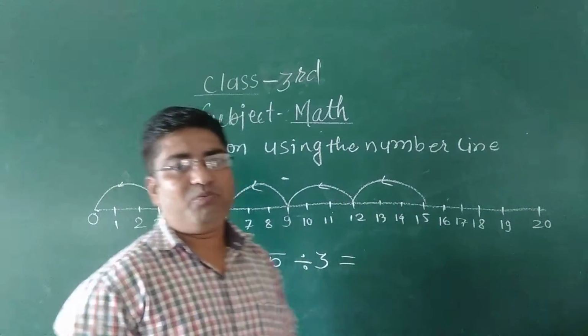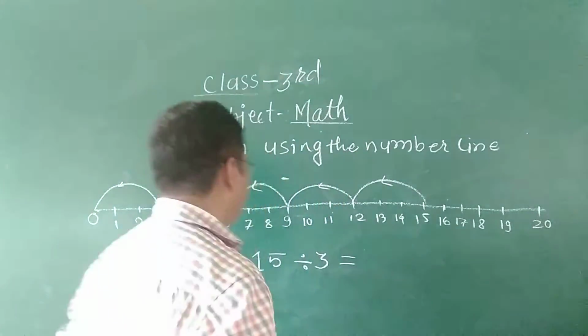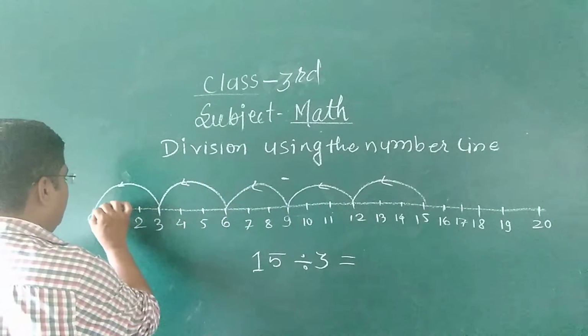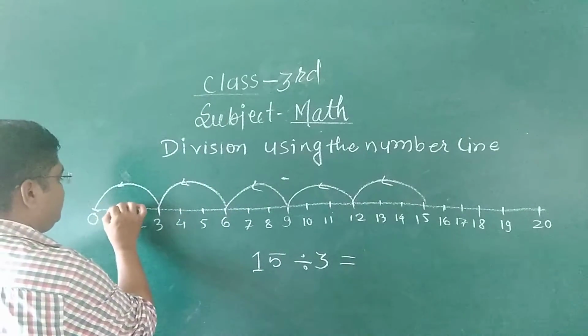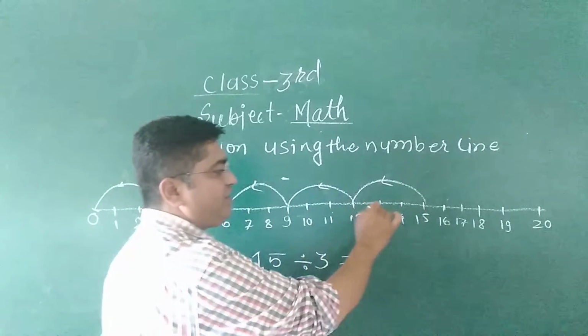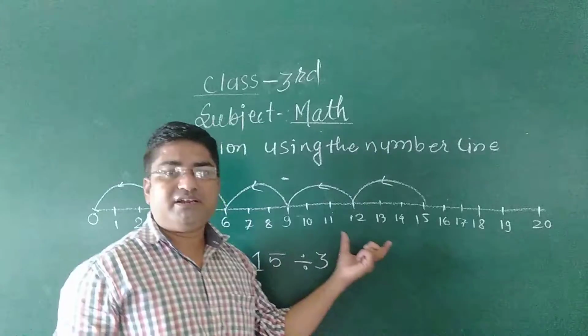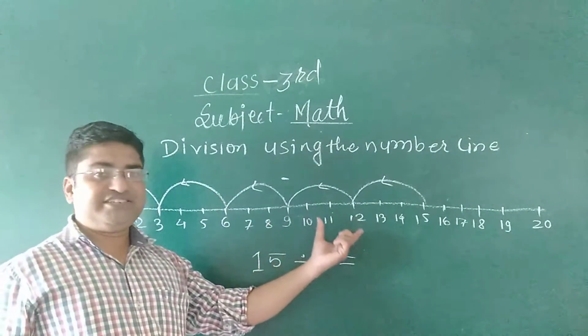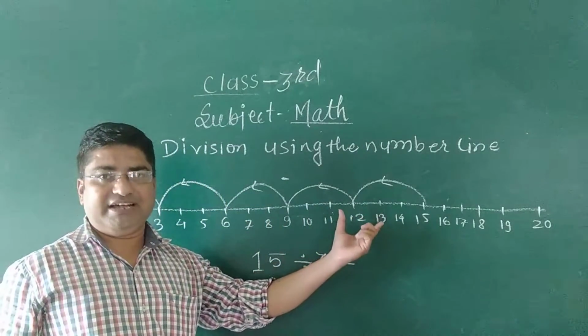All of you are familiar with the number line. This is the number line, and it is drawn from 0, 1, 2, 3, 4, 5, 6, 7, 8, 9, 10. All the numbers are drawn on this line at some intervals.